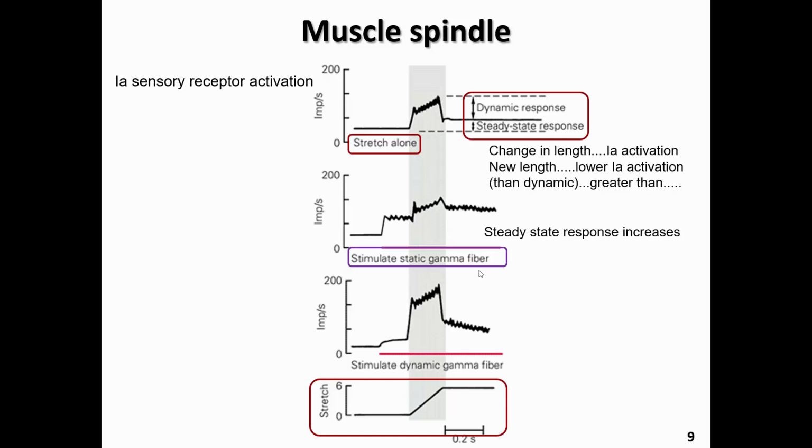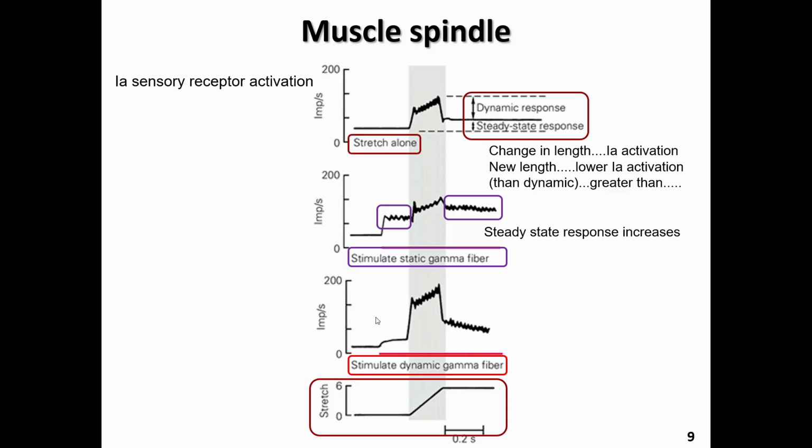Then once that muscle achieves a new length, the steady state response, the impulses generated along the 1As, is elevated because of that sustained static gamma activation.